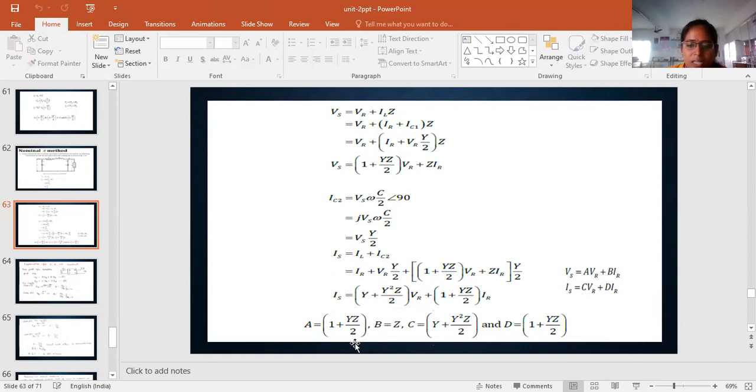We can find out the ABCD values. See here, A equal to 1 plus yz by 2, B equal to the product of IR. So the IR product value is only Z. So Z value substitute here, so b equal to Z, and c equal to, compare the VR term in the Is value, we can find out the C value.